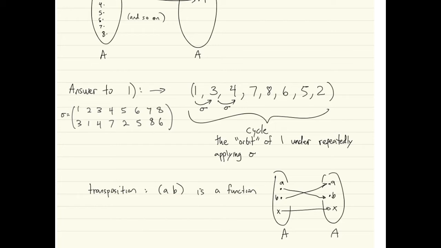In other words, it's a function that sends A to B, and B goes to A. So in terms of a picture, A goes to B, B goes to A, and things that aren't listed get sent to themselves. That's a feature of cycle notation I probably should have mentioned.